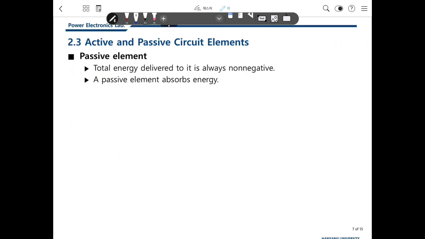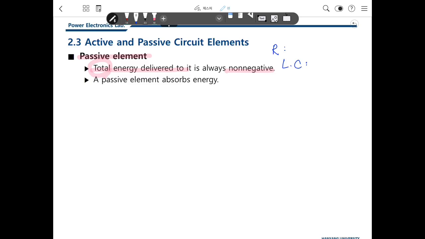First we'll talk about the passive element. For a passive element, the total energy delivered to it is always non-negative. The important thing is total energy. In the case of R, it always absorbs energy, but L and C can supply energy sometimes.